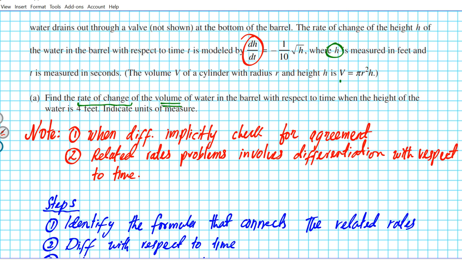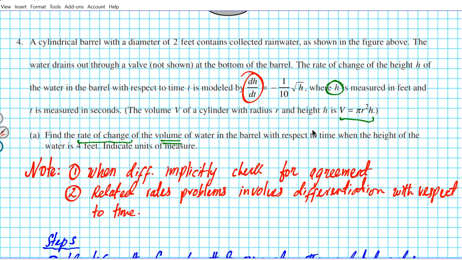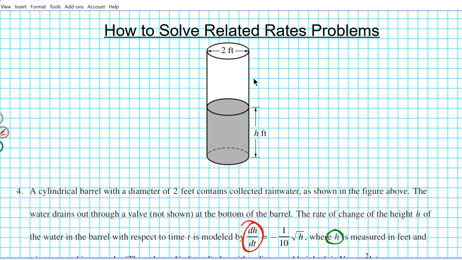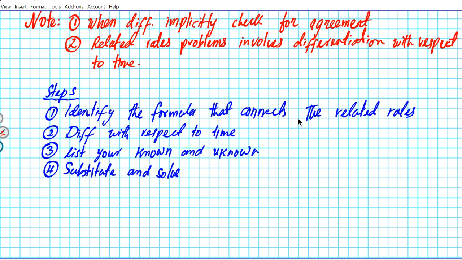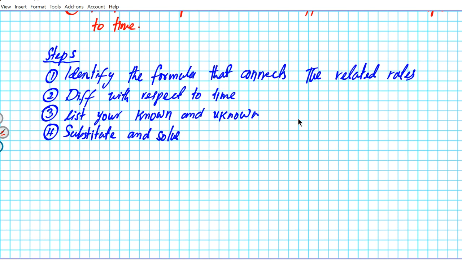Well, they gave us a formula, and they also gave us the solid that's under consideration. Sometimes they'll give you the formula, sometimes they do not. In this particular case, we're given the formula, so that makes our life much easier. So the formula is volume equals pi r squared h. So when we differentiate this formula with respect to time, we get to see how the rates relate to each other.